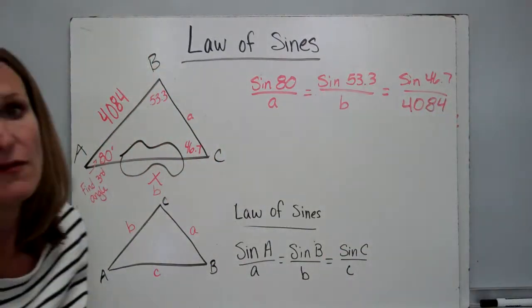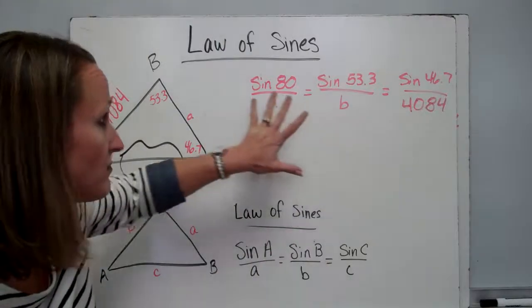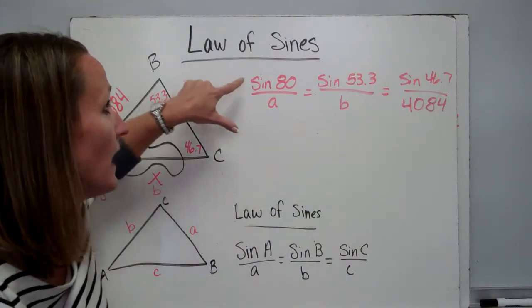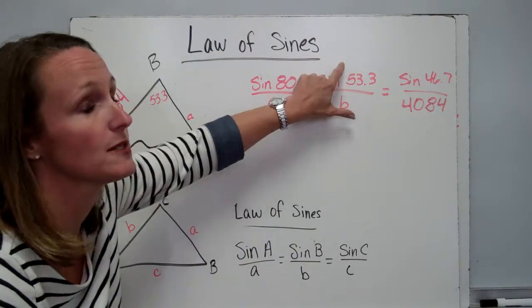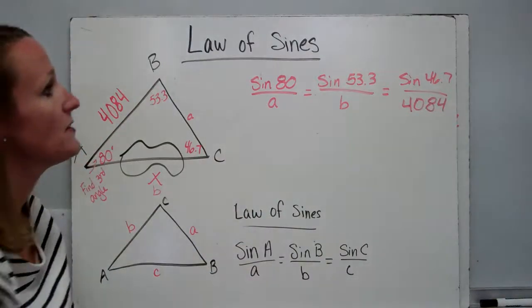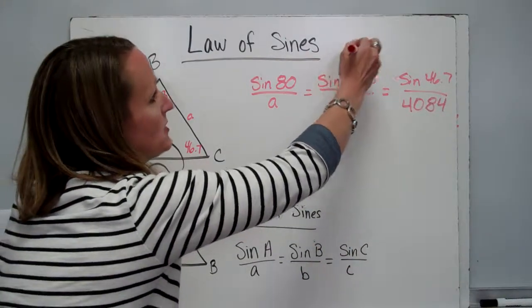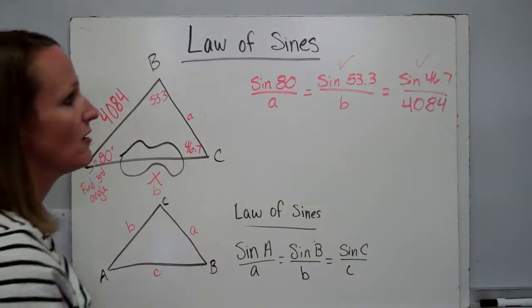In order to solve a problem using the law of sines, you need to have at least one pair of one angle and its side, and one more angle. So in this case, we have two tops and one bottom. To solve this one, we're going to use this ratio and this ratio. Now we're just going to solve our proportion.